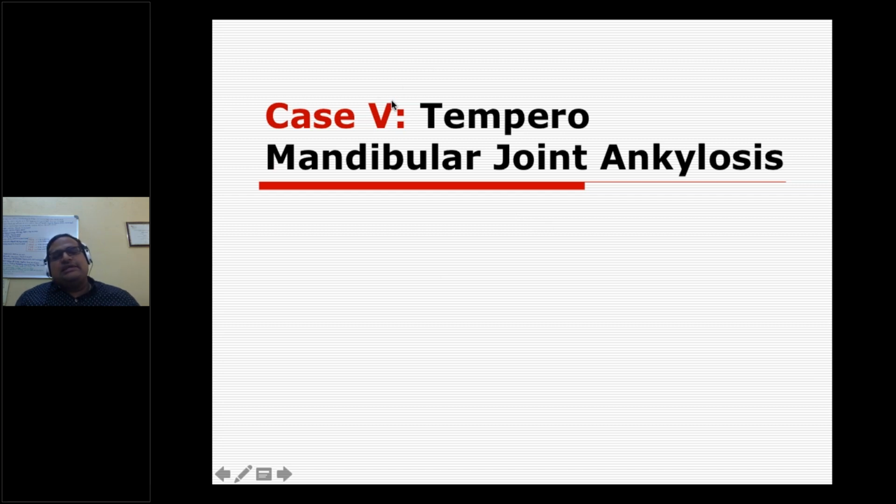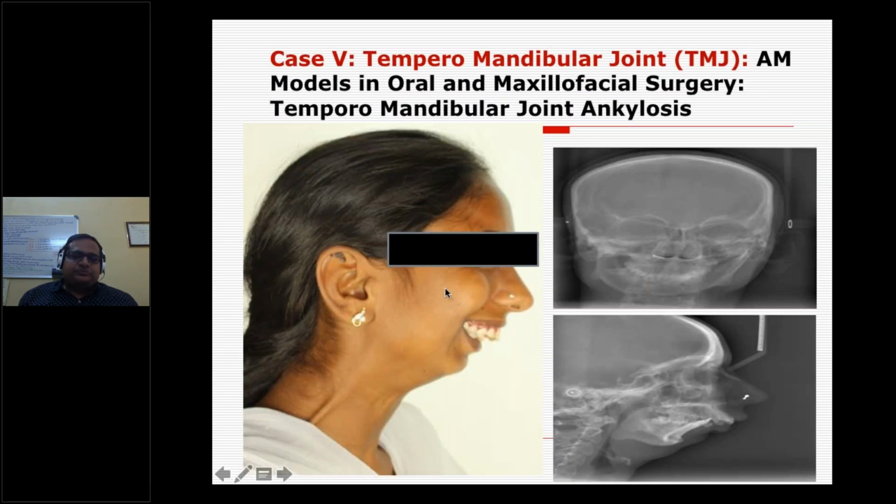So this is basically a temporomandibular joint ankylosis, called TMJ ankylosis. This patient, a 20-year-old lady, had a problem, and as I showed at the start of my lecture, the TMJ got fused.